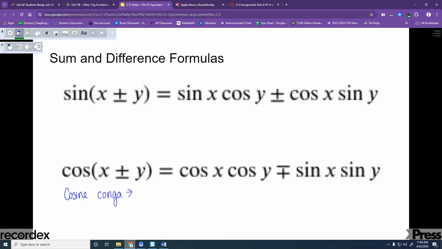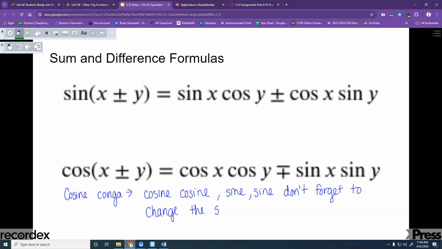Cosine, sine, sine. Don't forget to change the sign, the sign in the middle.